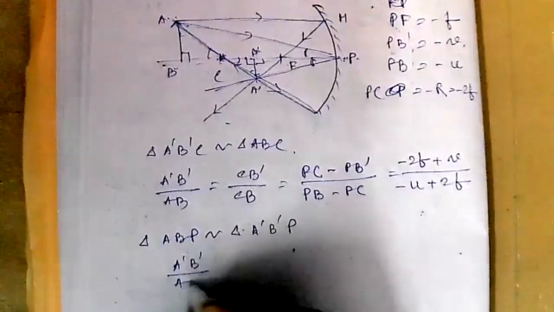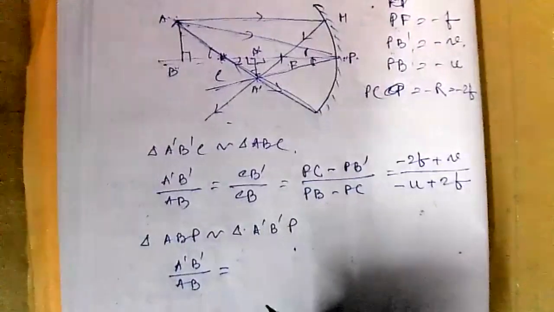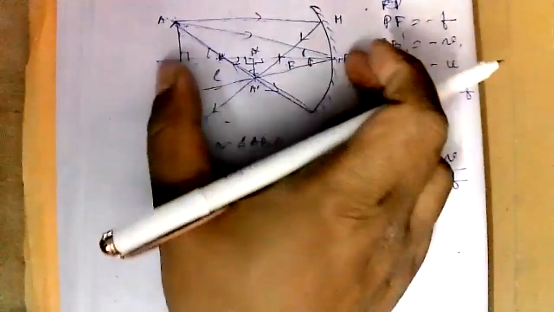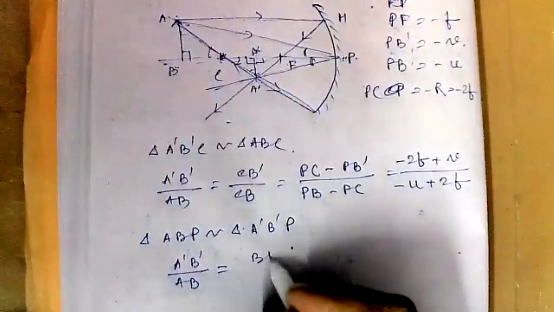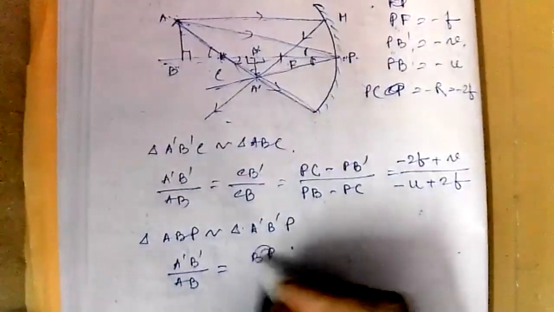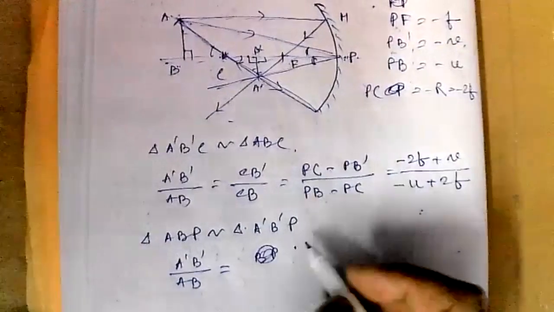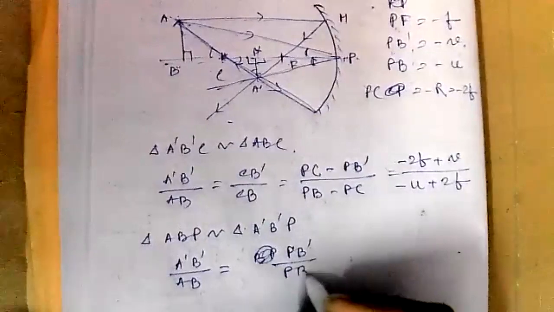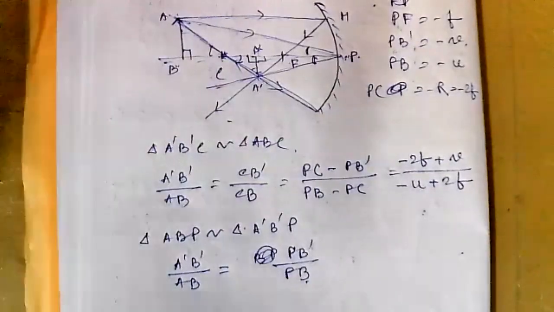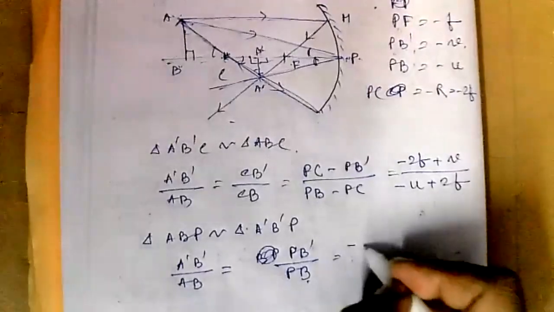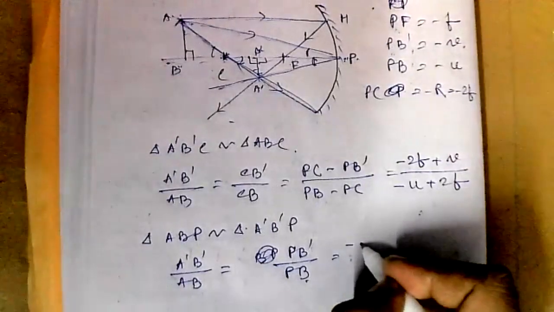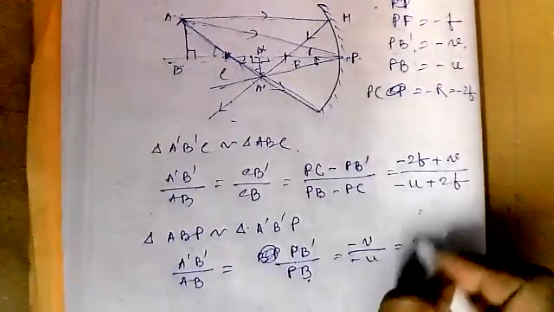A dash B dash by AB should equal PB dash by PB. PB dash is minus V, by minus U. That means V by U.